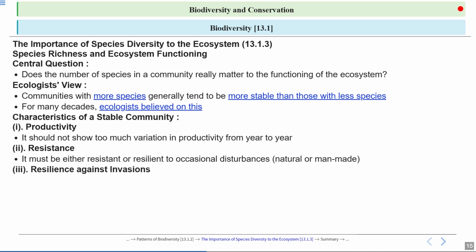The third characteristic is resilience against invasions. This means how well the community can defend itself against new, potentially harmful species that try to move into that ecosystem. A stable ecosystem should be resistant to invasions by alien species. Clear?